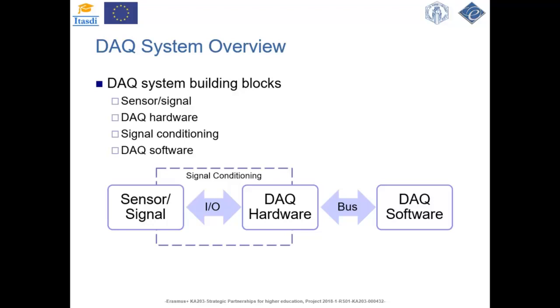Most of the time we need to use some sort of signal conditioning in the process of relaying this information from the sensor to the data acquisition hardware. And then this data acquisition hardware transfers the measured data to the DAQ software, which is most often located on a computer via some sort of interface or bus.